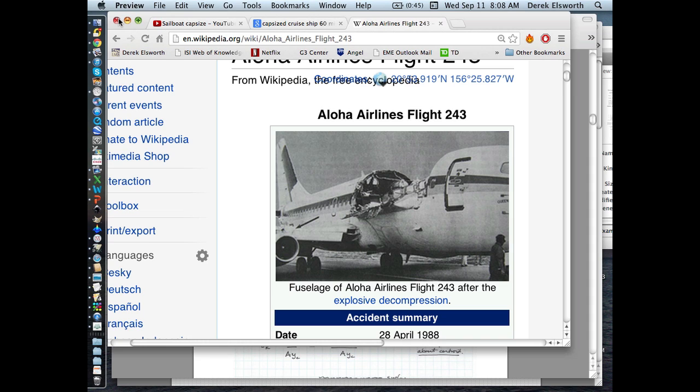The other example that happened much more recently, I think this is 1988, as you can see from Wikipedia, was Aloha Airlines going between the Hawaiian Islands, and again the same problem, not with the windows, I think, in this case, but with the roof, because it was making these 10-minute, 20-minute inter-island flights, up, down, 20 a day, multiple pressurizations and depressurizations, salt air, fatigue of the aluminum body.